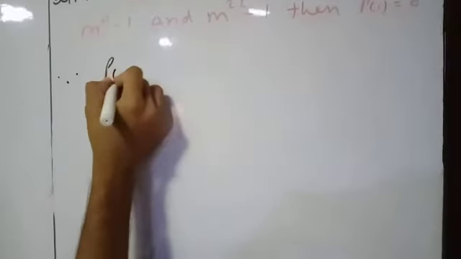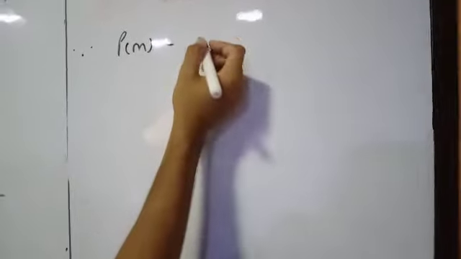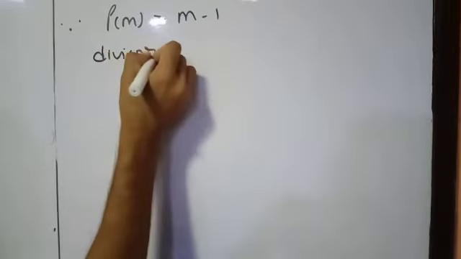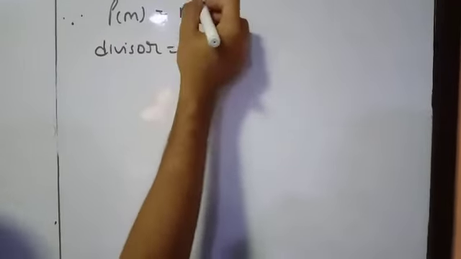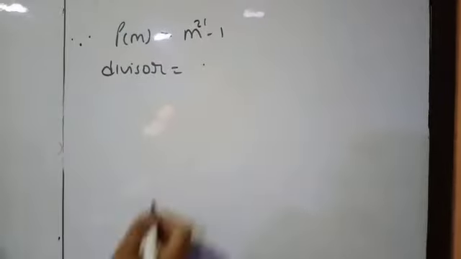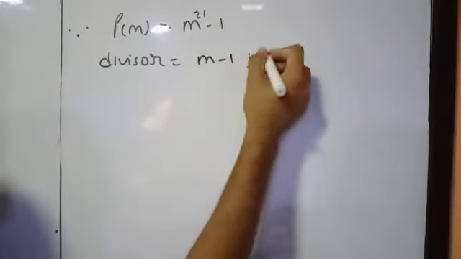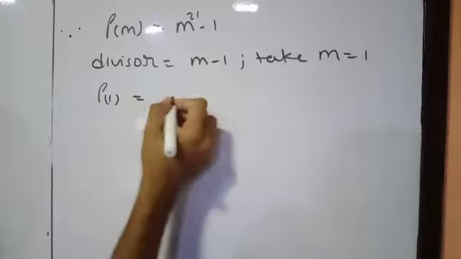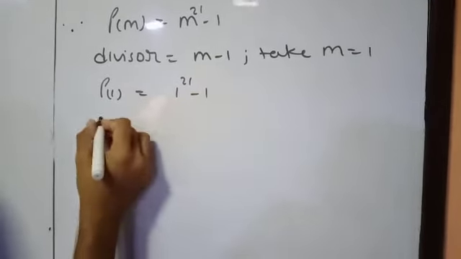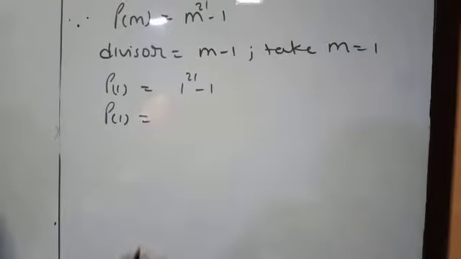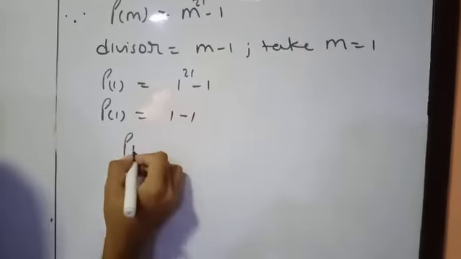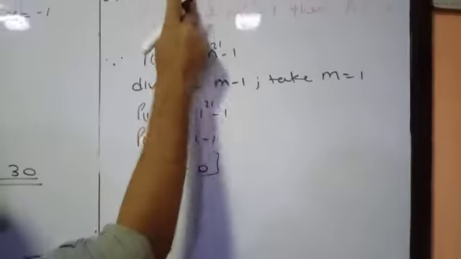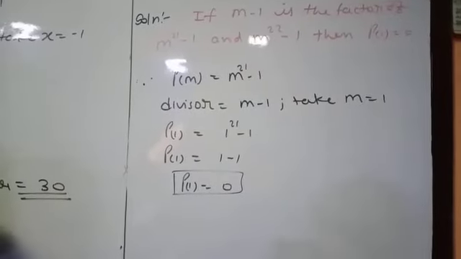We have p(m) is equal to m raised to 21 minus 1, divisor m minus 1, take m is equal to 1. So p(1) is equal to 1 raised to 21 minus 1, which is 1 minus 1, p(1) is equal to 0. Here we got 0, which means m minus 1 is a factor of m raised to 21 minus 1.